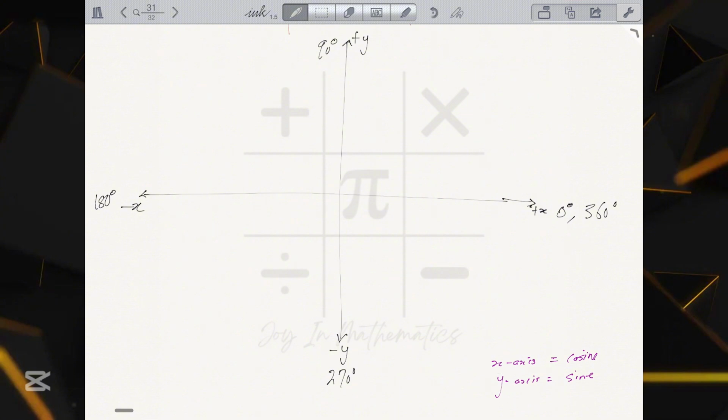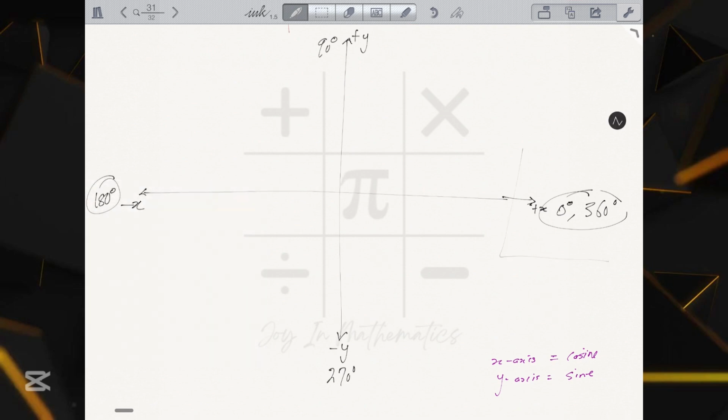If x-axis belongs to the cosine, so anything on this cosine, the cosine of these angles, will be either positive 1 or negative 1. It will be positive when the angle is on this positive side of x, and it will be negative if the angle is on the negative side of x.